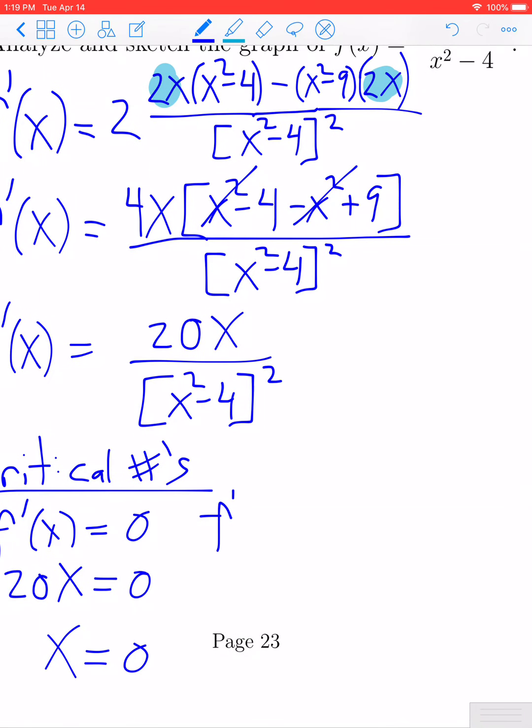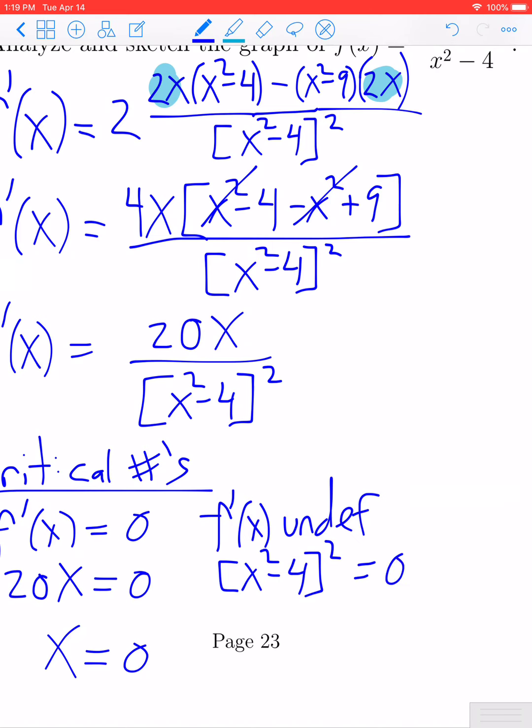We also will have some places where f prime of x is undefined. When we set the denominator equal to 0, x squared minus 4 squared will be equal to 0. You can take a square root, bring the 4 over and take a square root again, and this would produce x equals plus or minus 2. Those are the points that we saw earlier where this graph is going to have vertical asymptotes.